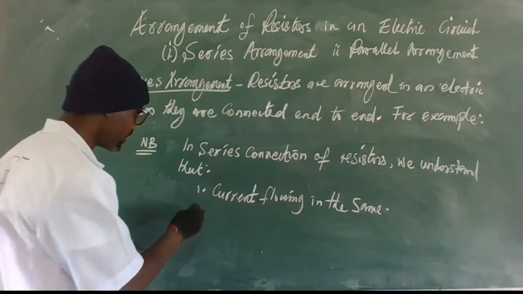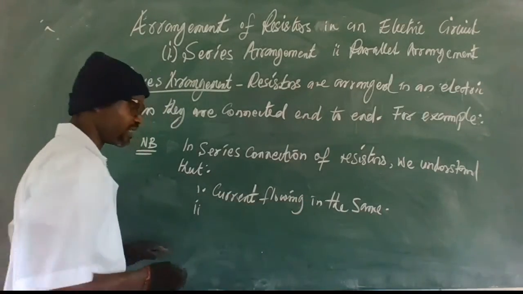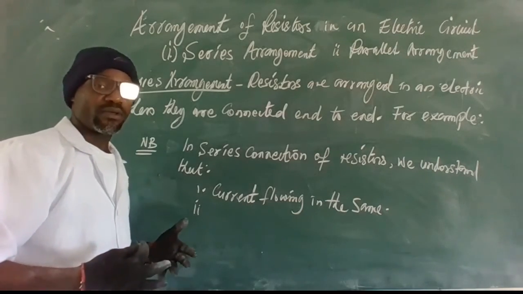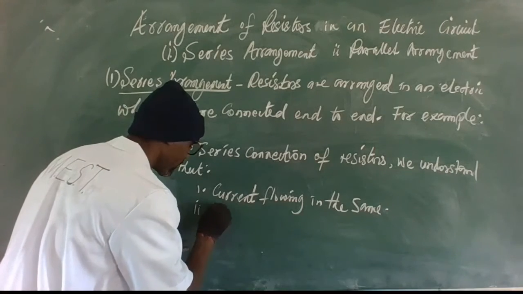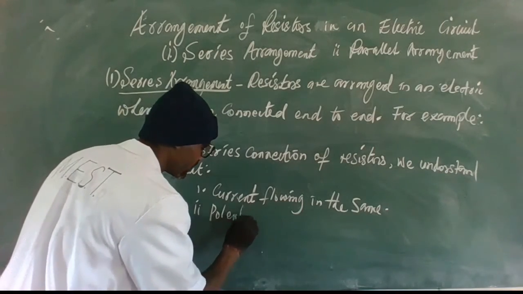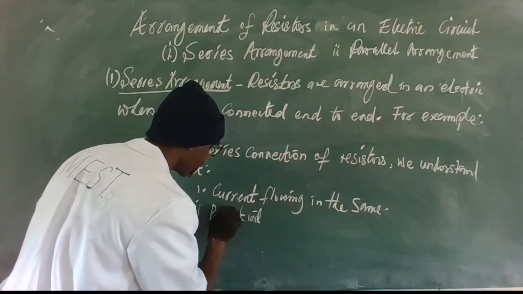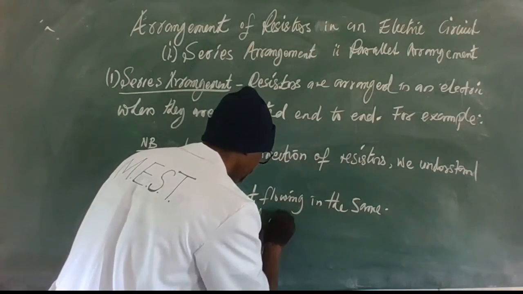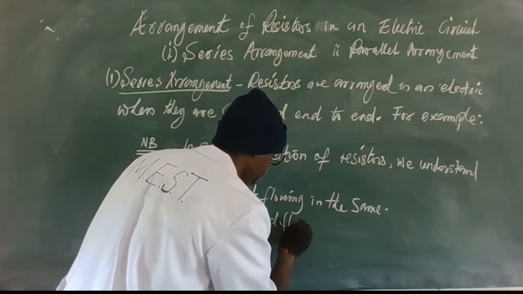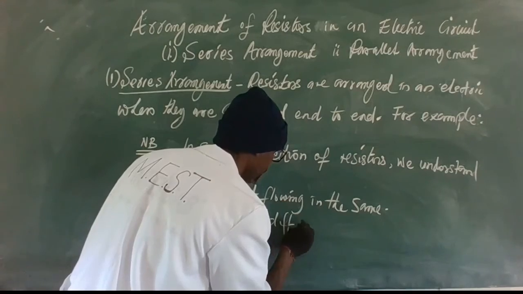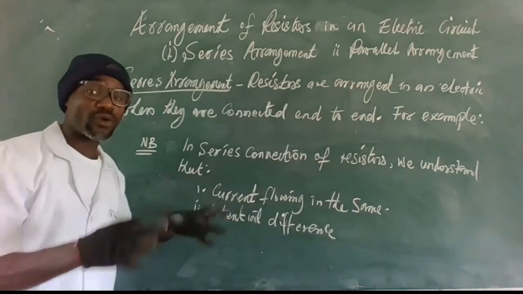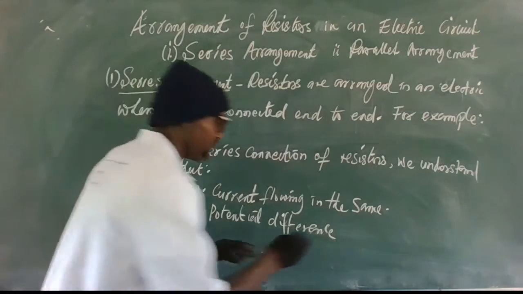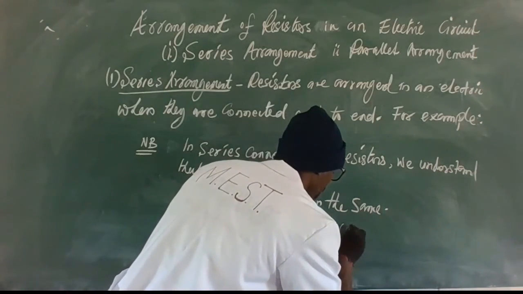Then the second point we need to understand is that the potential difference across each resistor, PD, the potential difference, all right, the potential difference across each resistor is not the same. PD is not the same.